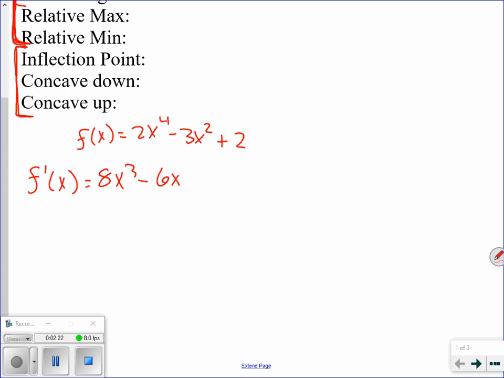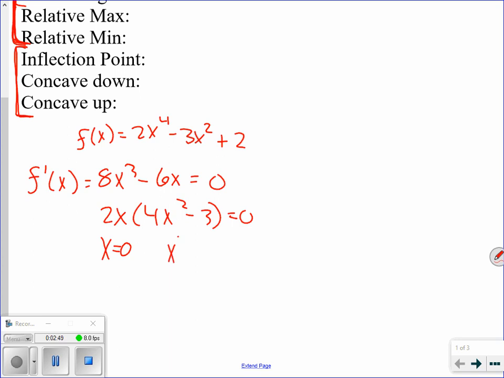Now, we're going to go down the list, and this is going to help us find everything we need to. We need to set it equal to 0 and solve for a few points. Same thing with our second derivative. But let's start with our first one. Okay, I'm going to set it equal to 0. And this isn't anything too crazy. I think I can take out a 2x, left with 4x squared minus 3. So x equals 0.